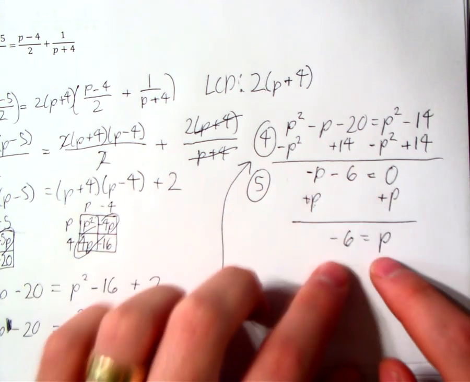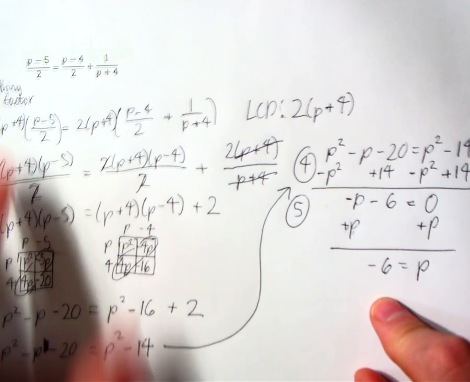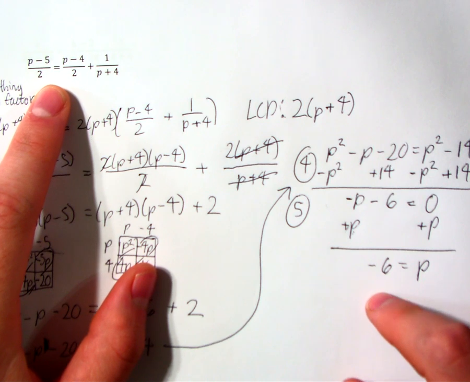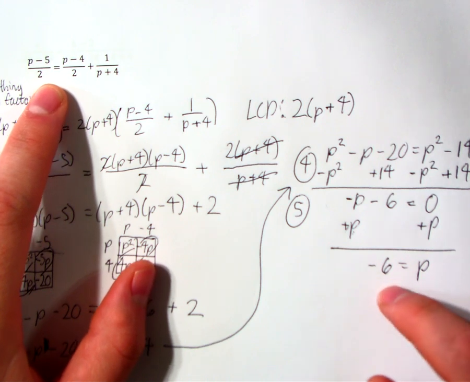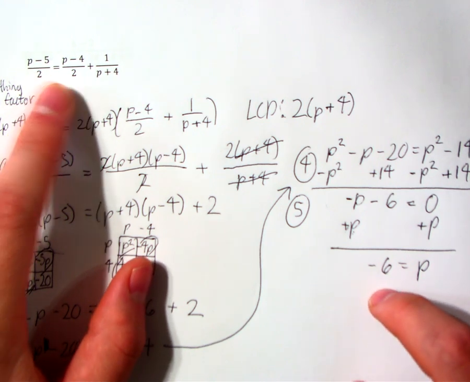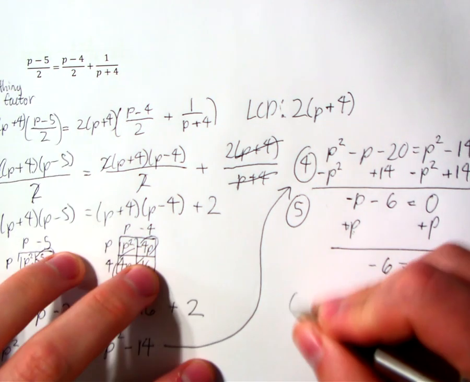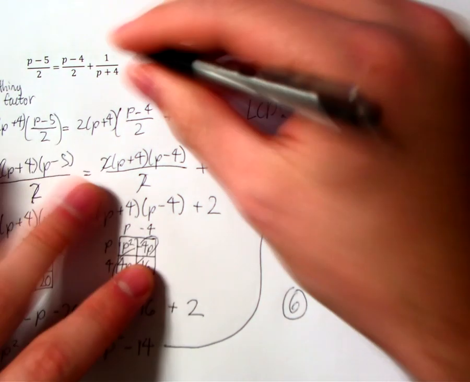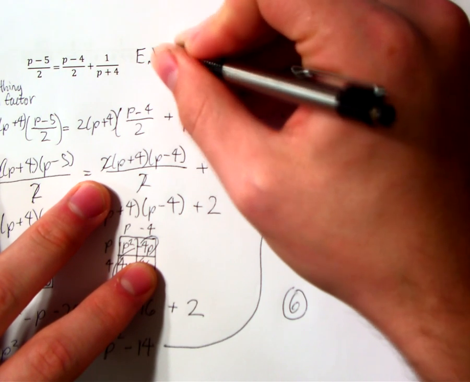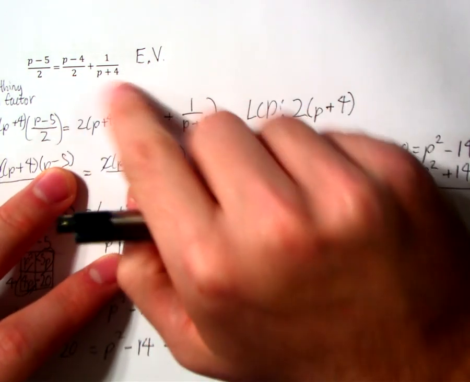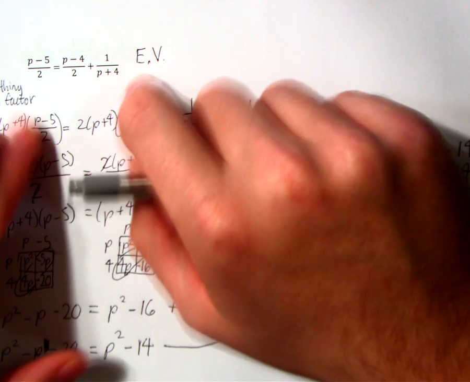But the question is, is it a solution to the original rational expression as well? Or is it an extraneous solution where, even though it kind of showed up in our solutions, it doesn't really solve what we started with? Well, to check for our extraneous solutions, we've got to see what my excluded values are. Excluded values are where the denominator equals 0.